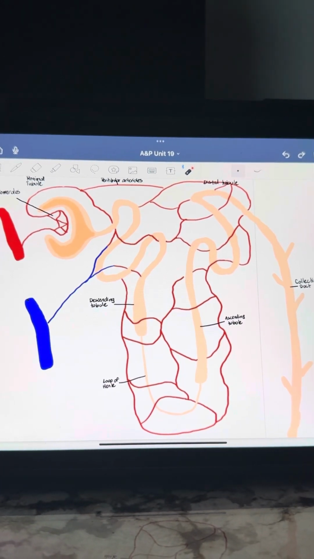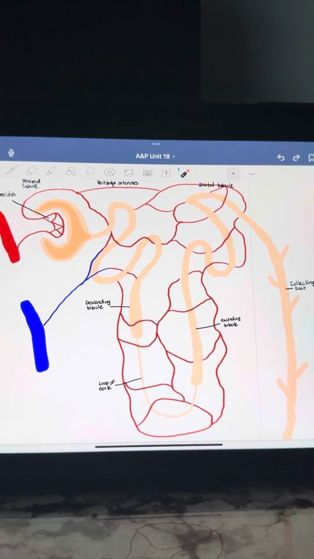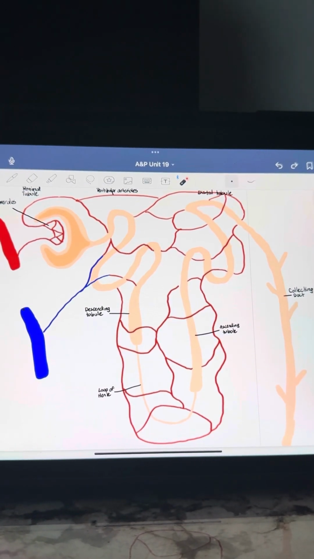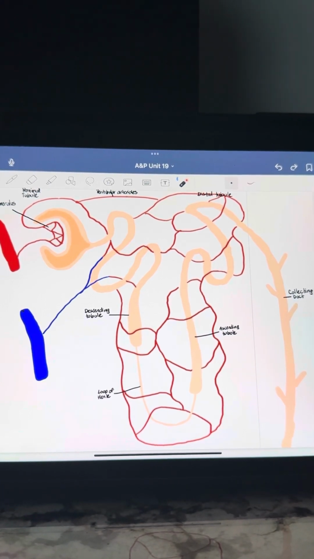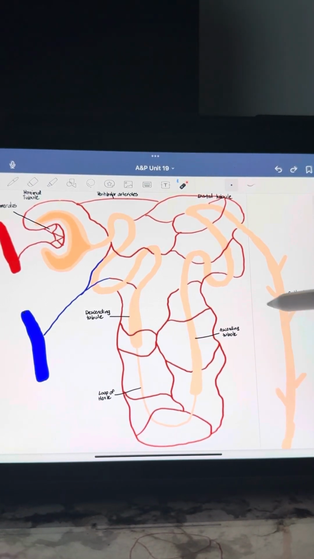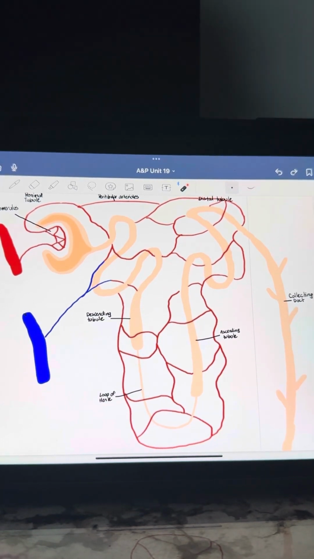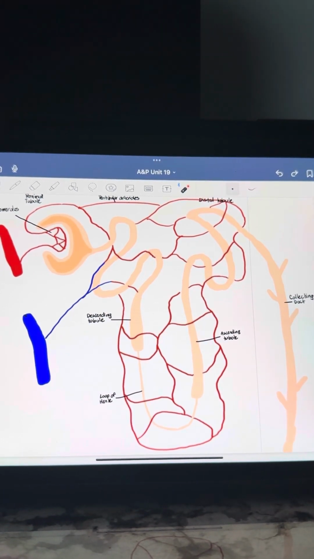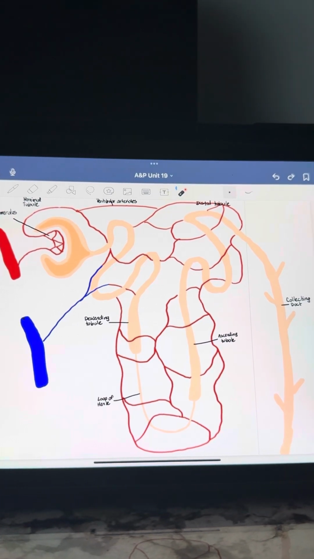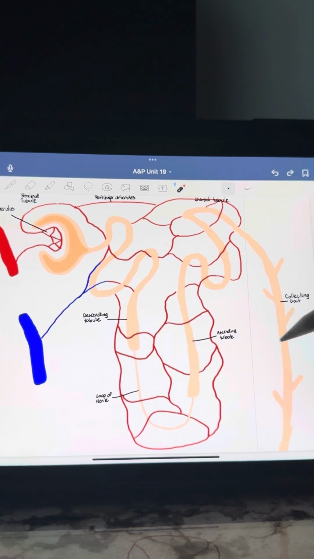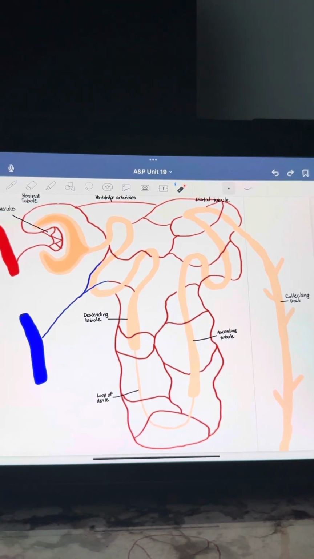ADH, which is anti-diuretic hormone, can cause insertion of aquaporin channels that allow water to leave the tubules. So water comes out of here with the aquaporin channels and flows into the interstitial space, where it gets picked up by the capillaries.